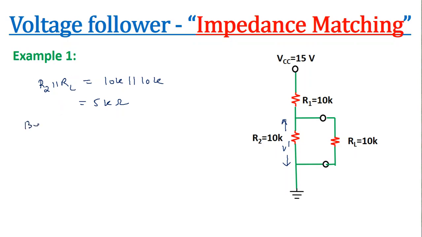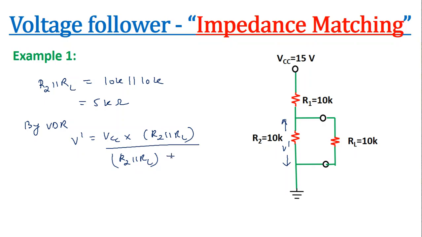Now by the voltage divider rule, V dash will be equal to VCC into the R2 parallel RL combination divided by R2 parallel RL plus R1. Putting in all the values, 15 into 5K divided by 5K plus 10K, we get V dash equal to 5 volt.